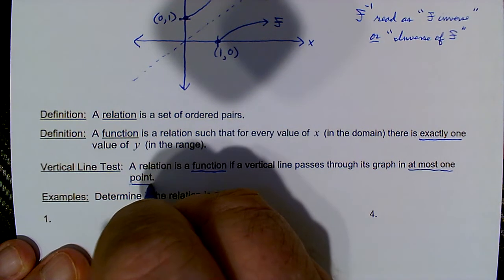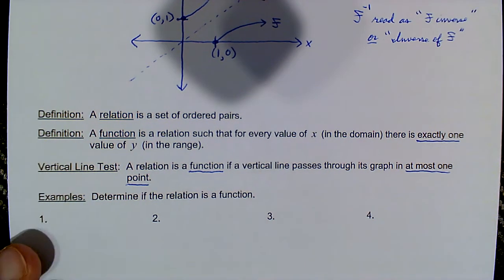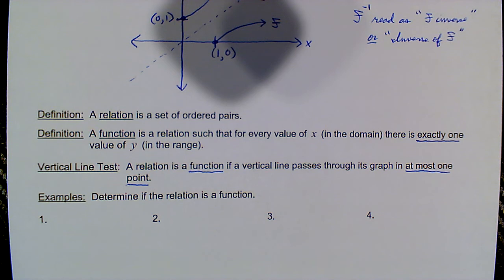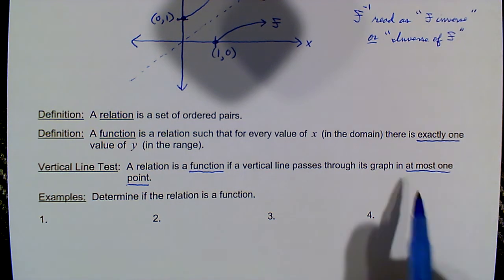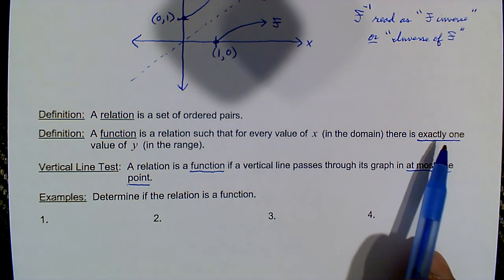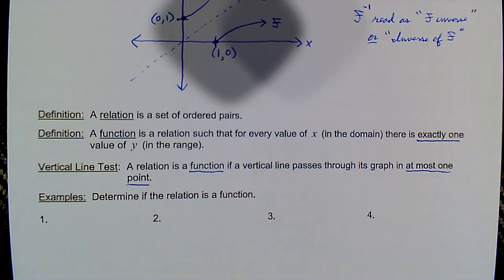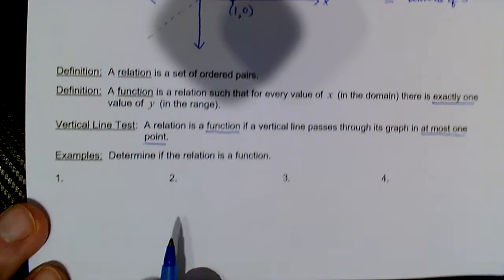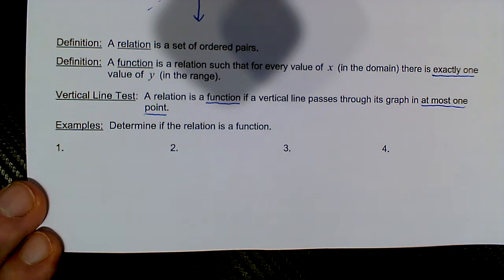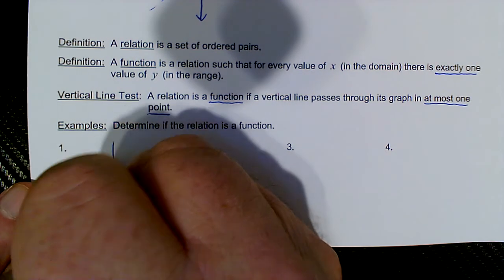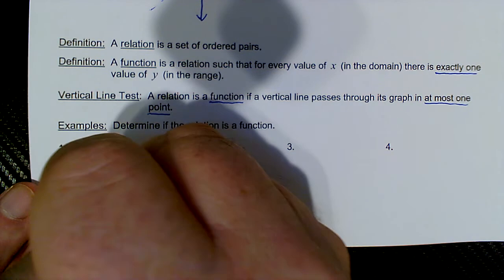Because if a vertical line passes through the function in 2 points, that means for that specific x value, there would be 2 y values, and that's not allowed because there has to be exactly one y value. So here's some quick examples. Let's say determine if the relation is a function. So I'll just throw some graphs up here.